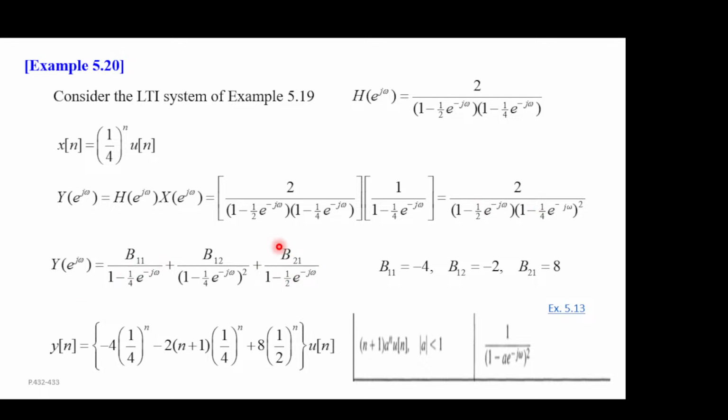So now you have a more complicated partial fraction expansion, but anyway, it can still be done, and you have 3 constants you need to solve for. Then you invert this: the single one-over terms go to the same exponential decay, and then for the square term you need to use a different formula, the formula we reviewed at the start of class.